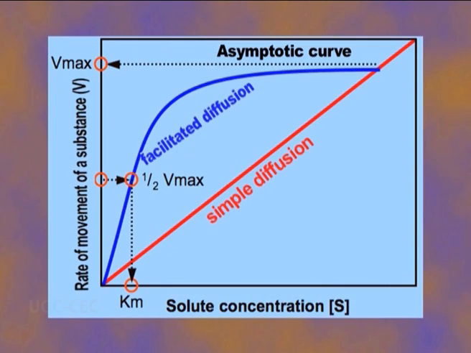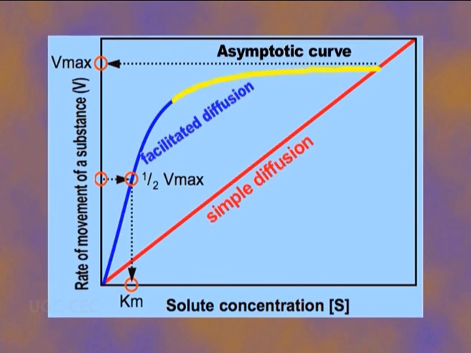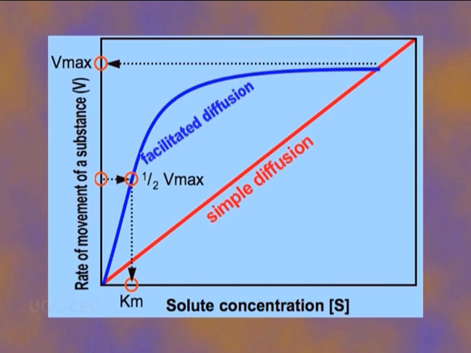According to Fick's law, the rate of movement of a substance is directly proportional to the concentration gradient, which holds for simple diffusion, but in the case of facilitated diffusion, saturation kinetics can be demonstrated. Here in facilitated diffusion, plotting the graph of rate of entry versus concentration gives us an asymptotic curve.